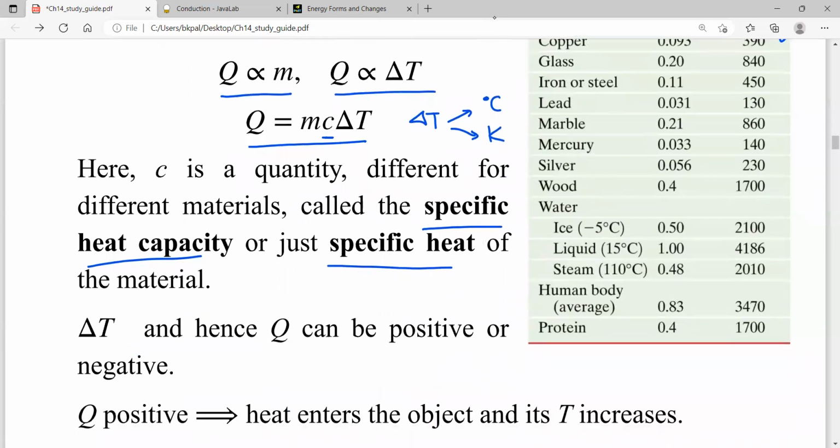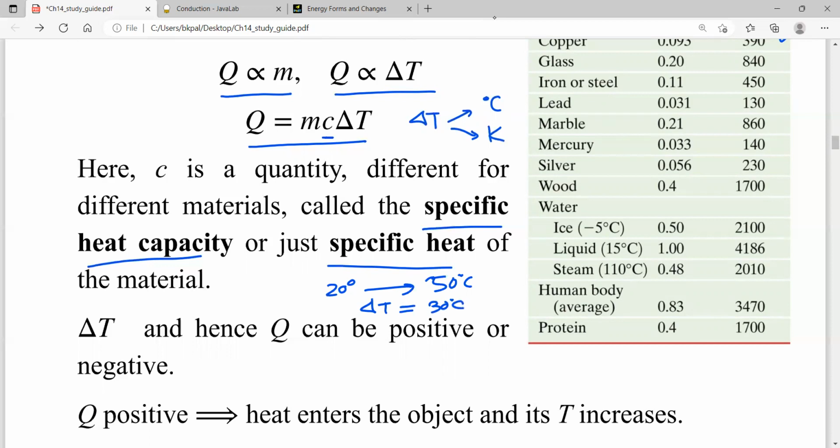Now you know that temperature can increase, temperature can decrease, right? When temperature increases, then delta T is positive. Let's say you start from 20 degrees Celsius and the final temperature is 50 degrees Celsius. Then the change in temperature is 30 degrees Celsius.